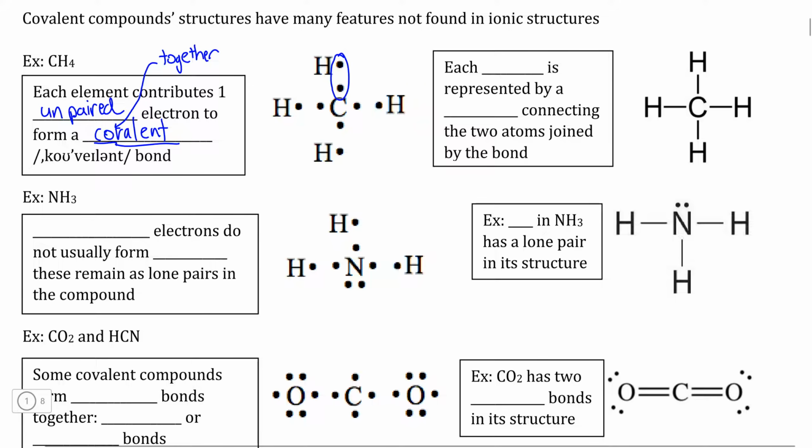the covalent bond. Now, when two elements form as many covalent bonds as are required in order to form a full valence shell, we represent each of the bonds with a single line that connects the two atoms together.